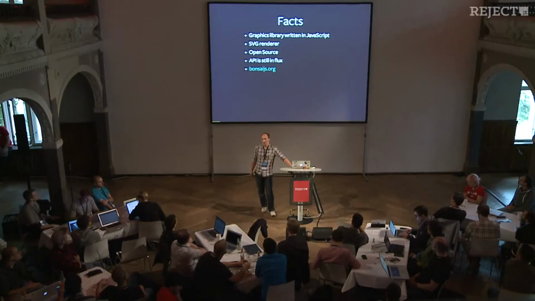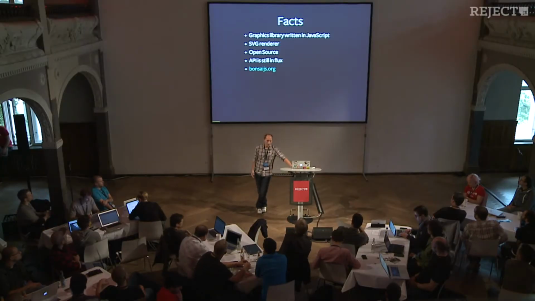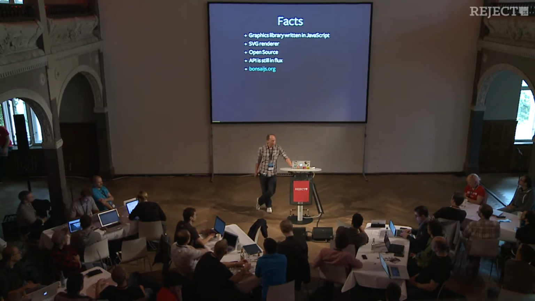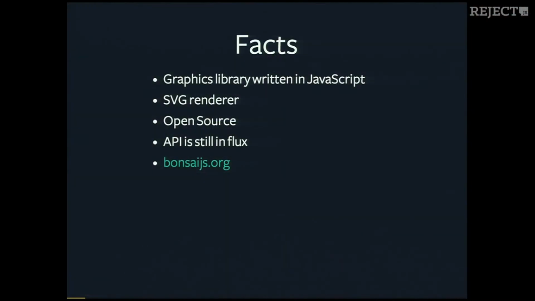But first, I want to introduce BonsaiJS a little bit. It's written in JavaScript, not CoffeeScript or TypeScript or whatever script at all. It has an SVG renderer, also written by us. It's open source, since one year.